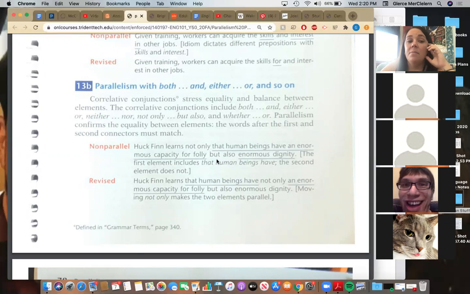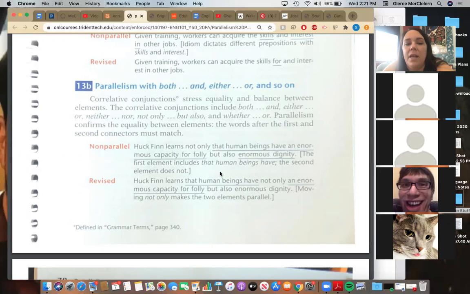So a non-parallel example there would be: Huck Finn learns not only that human beings have an enormous capacity for folly, but also enormous dignity. The first element, this first underlined bit, includes that human beings have, but the second part does not.